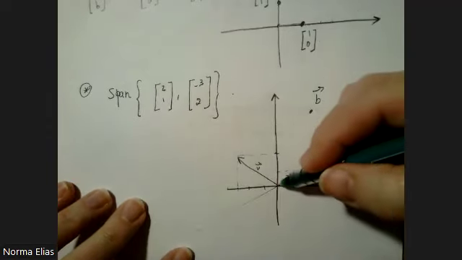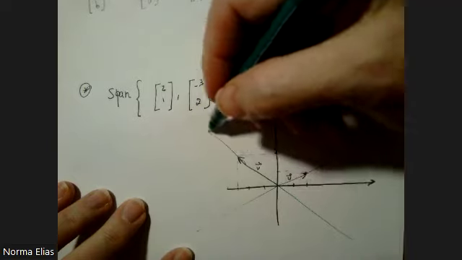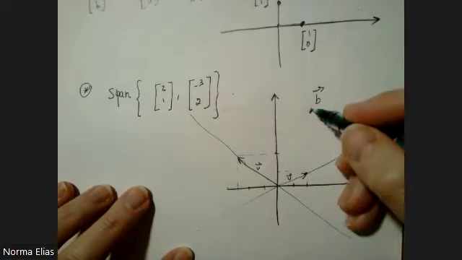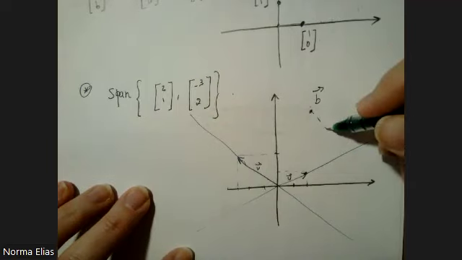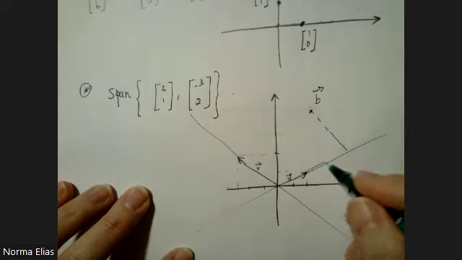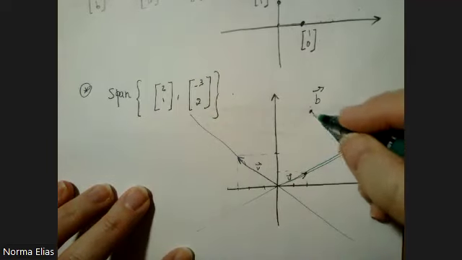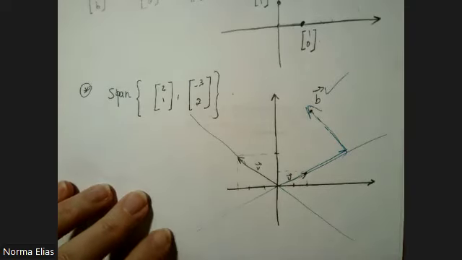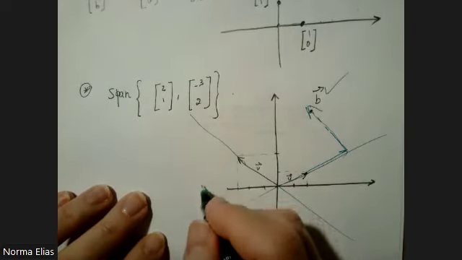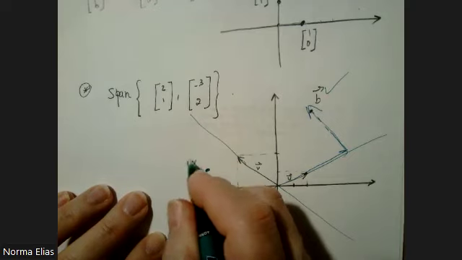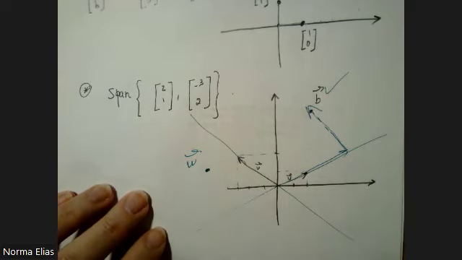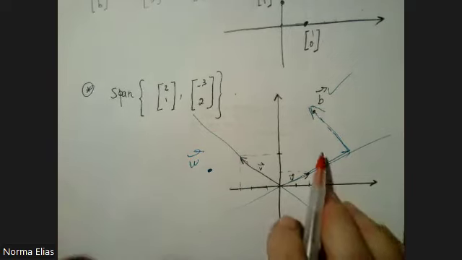Remember the robot which is moving? Absolutely. This is my vector B. I go a little bit this way, and then a little bit in the direction of V, and I have my vector B. If I take a vector here, can I write it as a combination of U and V? Of course, we can.